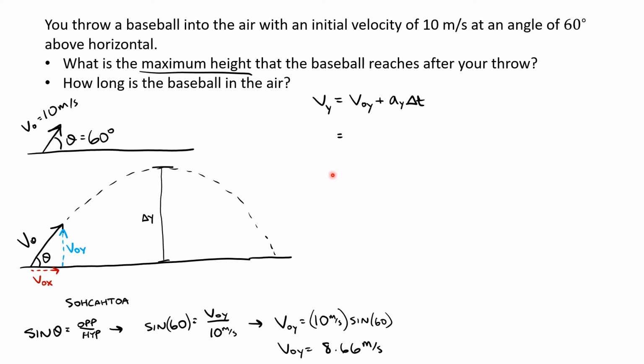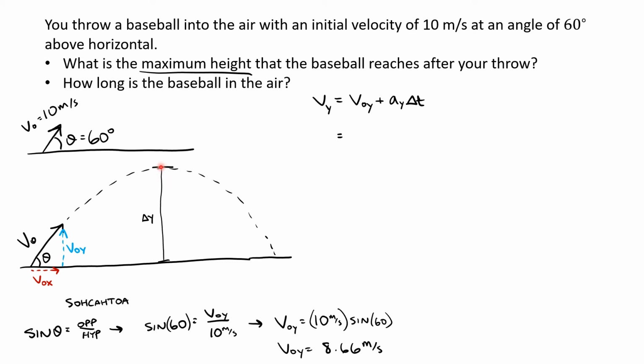And what else can we maybe assume? We're only given this value, 10, and this value, 60 degrees. Well, we know that we're going to throw a ball into the air, and at this highest point right here, it's not going to be moving upwards anymore.